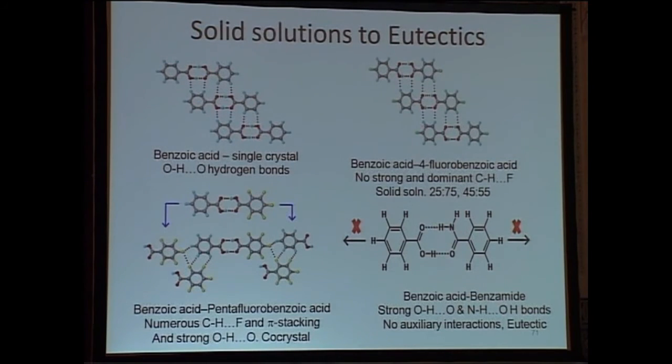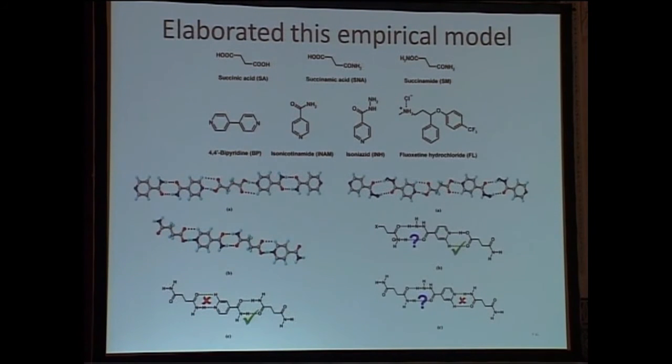So the gradation is somewhat gradual, which is dictated, A, by chemical interactions or the hydrogen bonds, and B, by geometry or shape and overall size and symmetry of the two interacting partners. The same empirical model was elaborated with compounds such as nicotinamide and isoniazid.